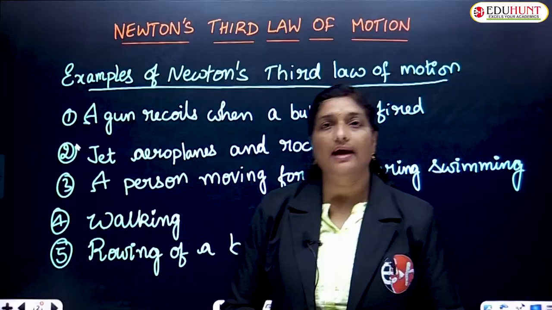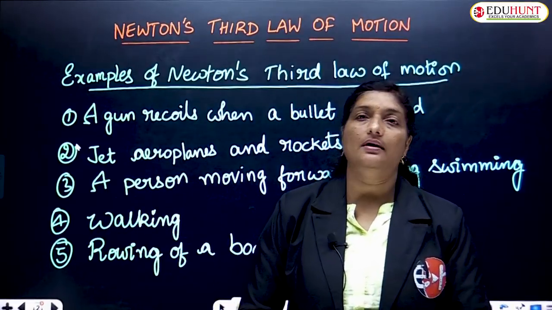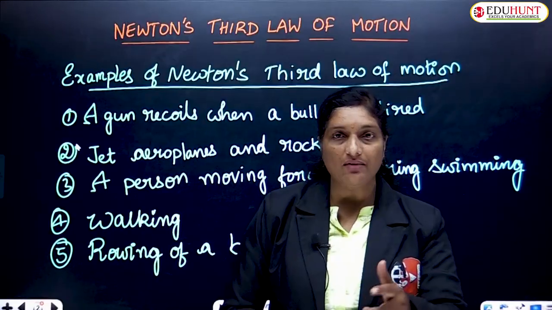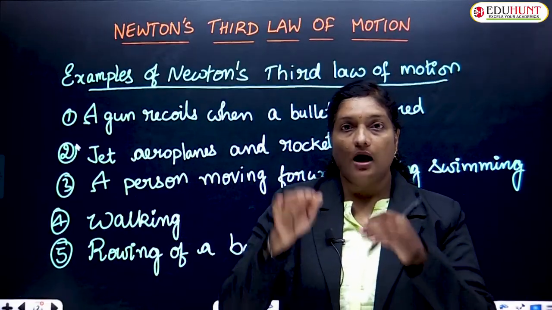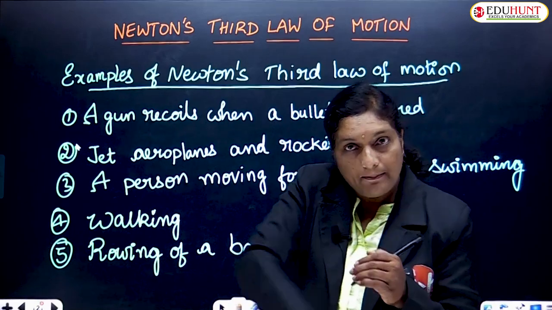Similarly, one more example is walking. Walking is also possible based on Newton's third law of motion. While walking, the foot of a person pushes the ground in the backward direction.